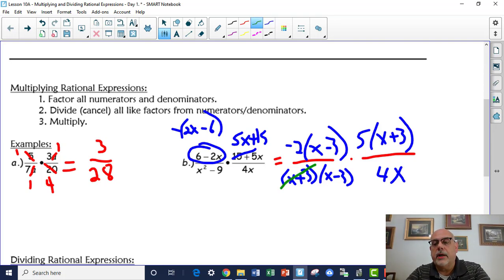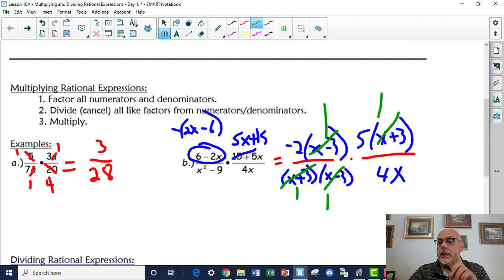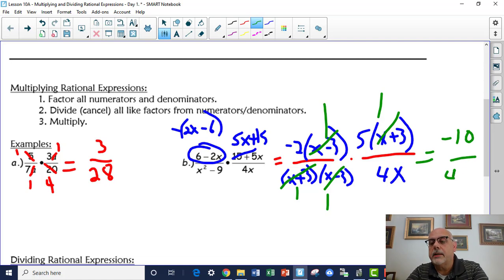X plus 3 will divide into x plus 3 once. X minus 3 divides into itself once. Those are all ones, multiplying by 1. Actually, no, we're done. Negative 2 times 5 is negative 10 across the top and 4x on the bottom.